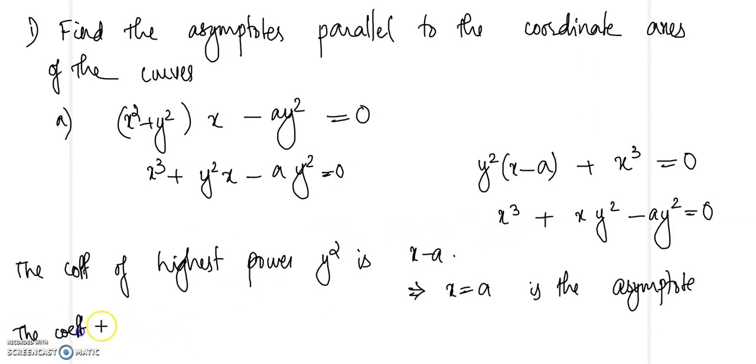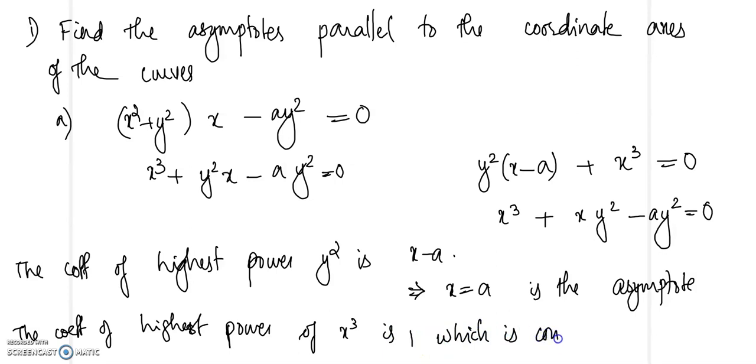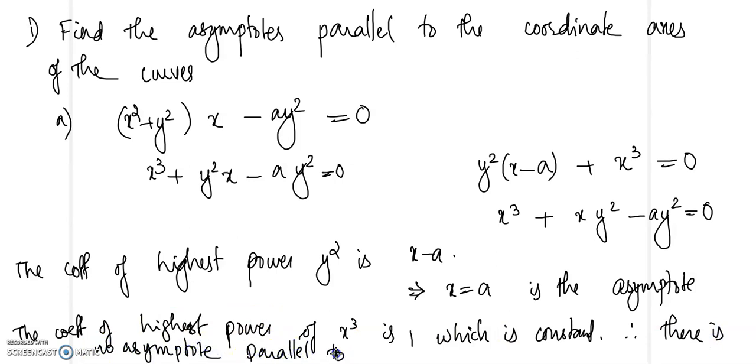So the coefficient of the highest power of x cube is 1, which is constant. Therefore there is no asymptote parallel to the x-axis.